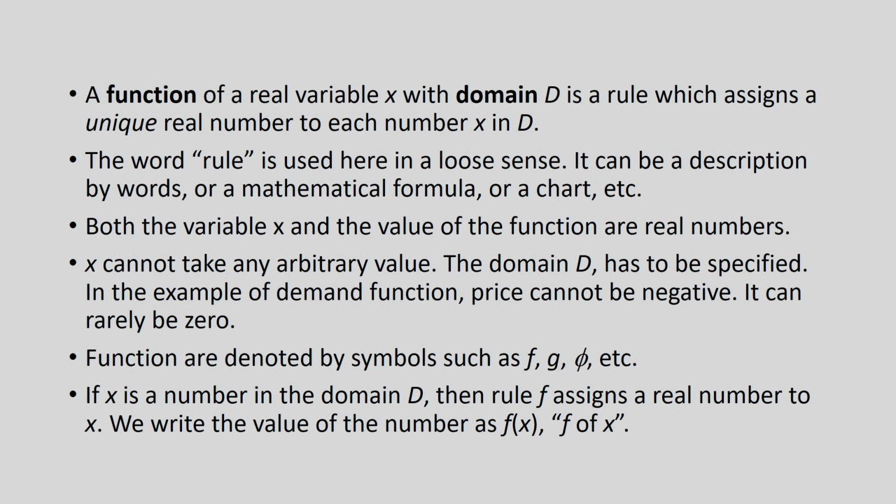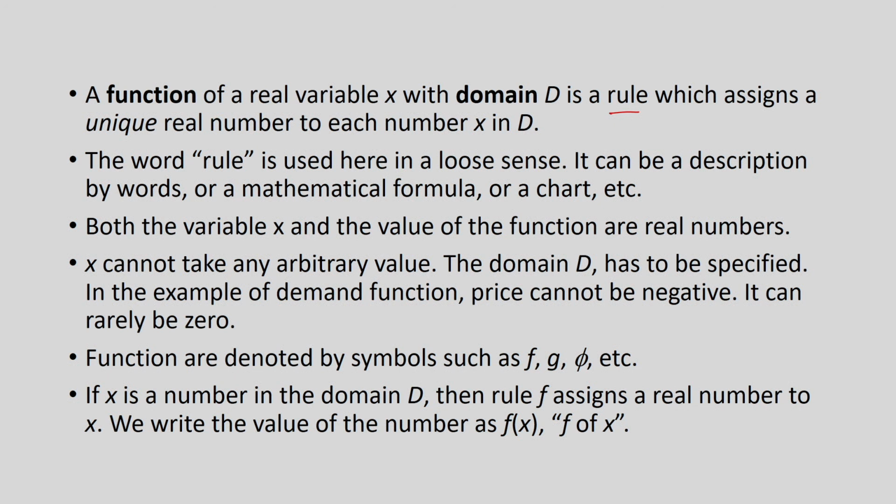So, here is the more precise definition. A function of a real variable x with domain D is a rule which assigns a unique real number to each number x in D. Okay. So, this is the precise definition, and there are some important terms that have been used here.